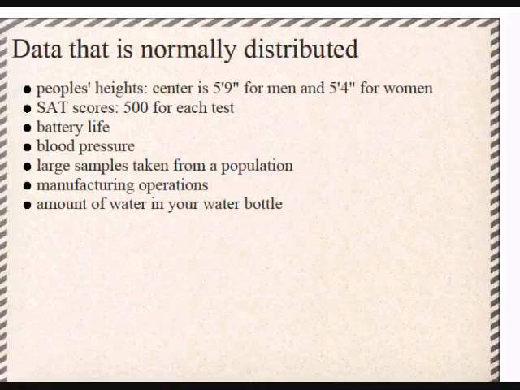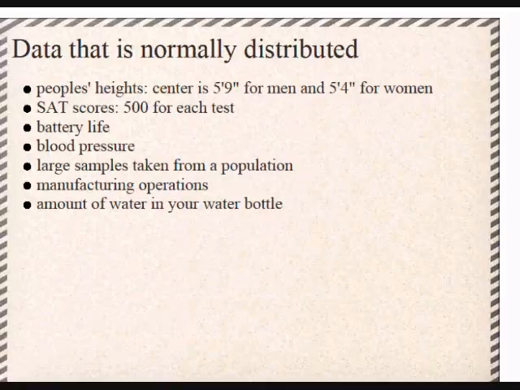For women, the center is 5'4". Most women are around the 5'4" mark, and if you get to the 6 foot tall woman, there's not as many of those, or the 4'8" woman, there's not as many of those.